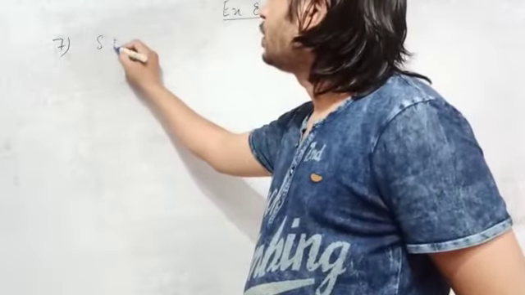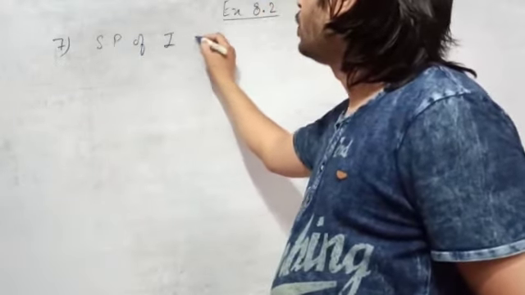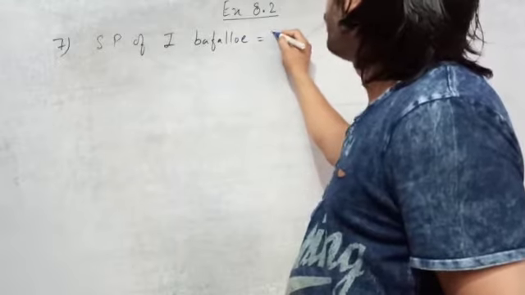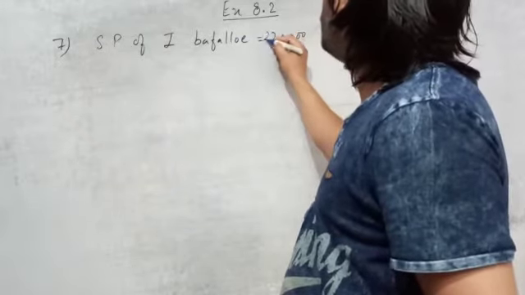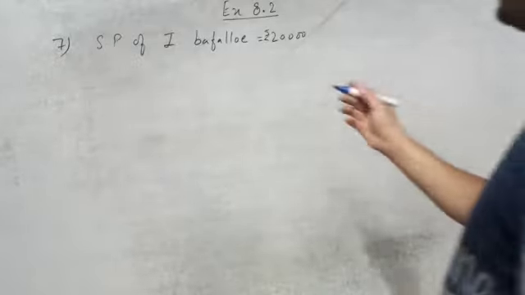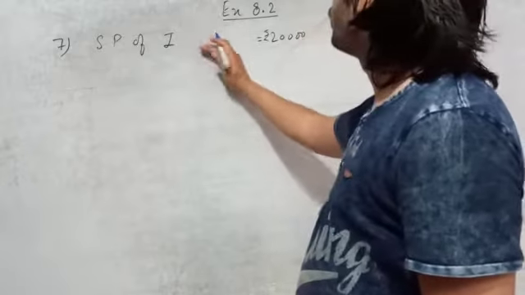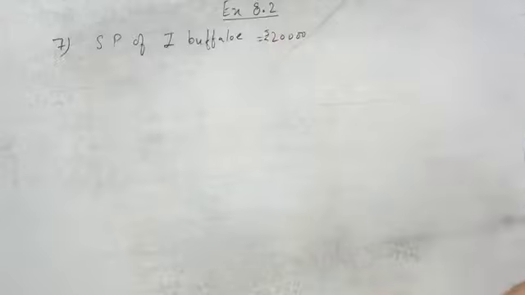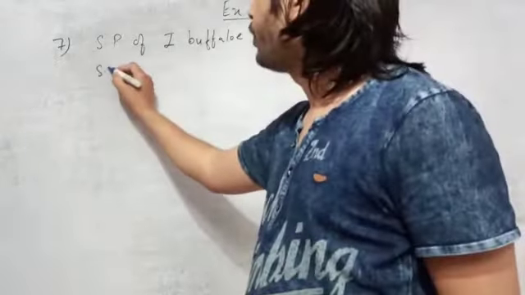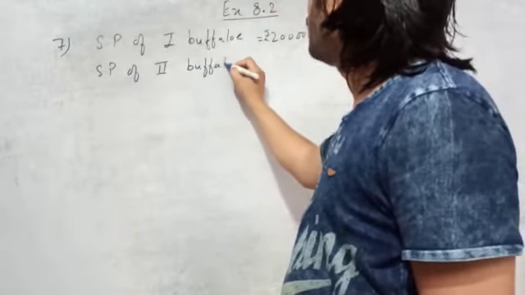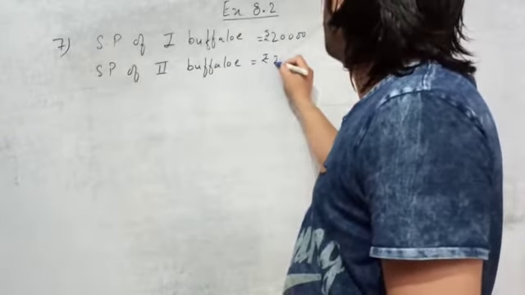So the selling price of the first is 20,000, and the selling price of the second is also how much? 20,000.